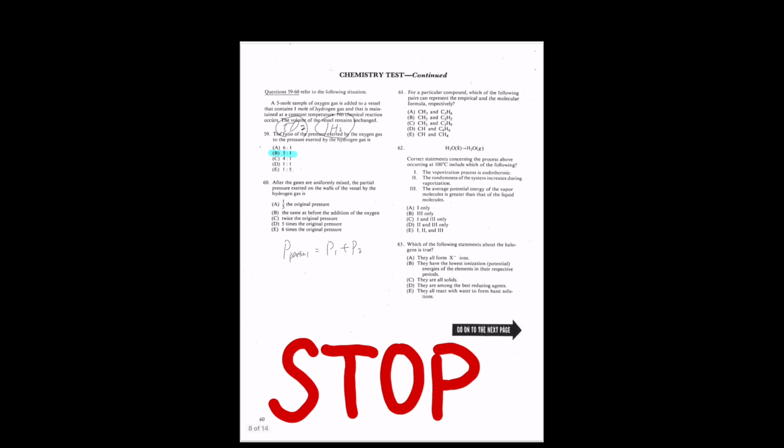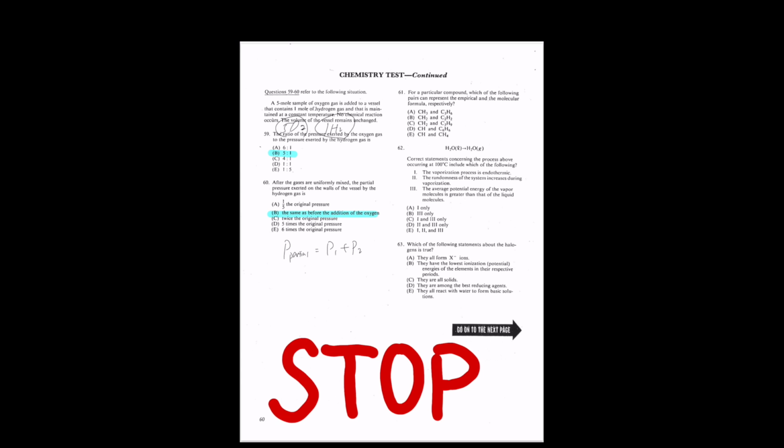So this should be B, the same as before the addition of the oxygen. Now why? Because the addition of oxygen does not change the pressure of the hydrogen, right? It just adds on to the total pressure because there's more gas introduced.